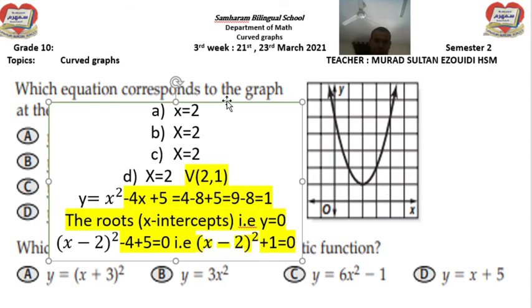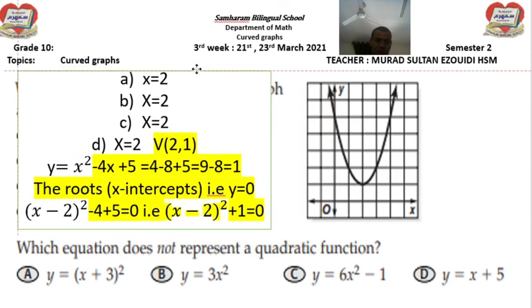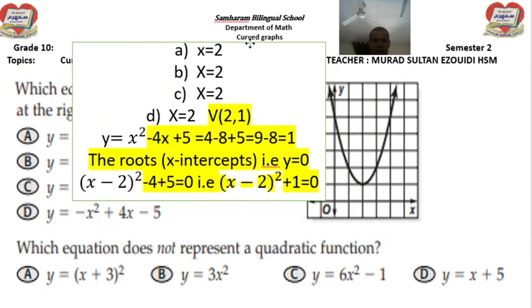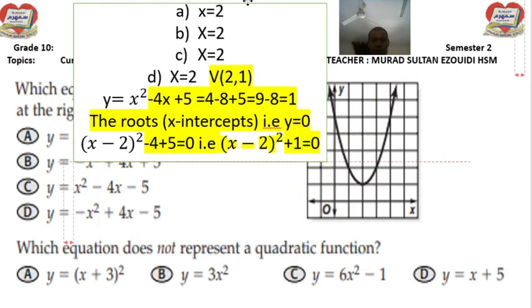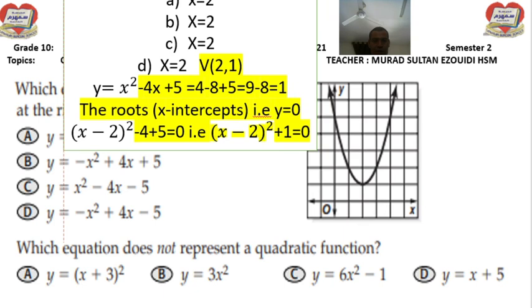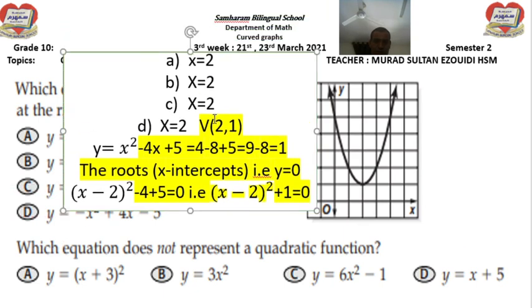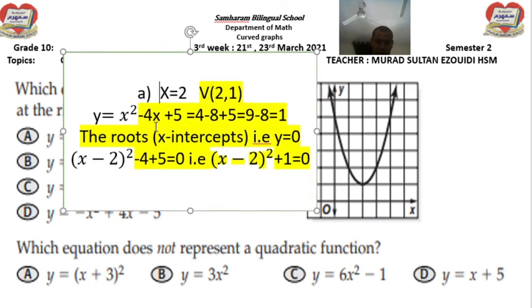So the first one, A, matches what you are looking for. So the answer is A. I will write here A. This is the correct answer.